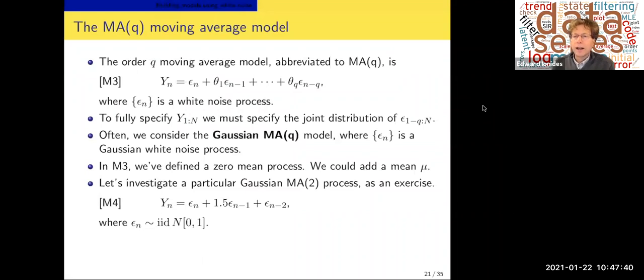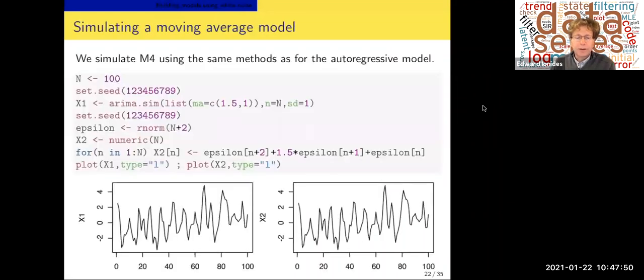And then we can simulate from it and see what we get, just like we did for the AR process. Okay, so here is a simulation two ways. First of all, using arima.sim, and second, doing a direct calculation. And again, we see that they match perfectly.